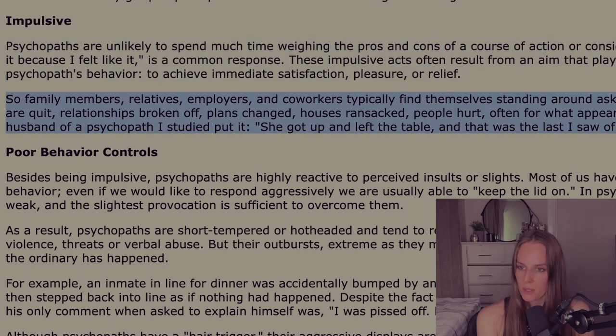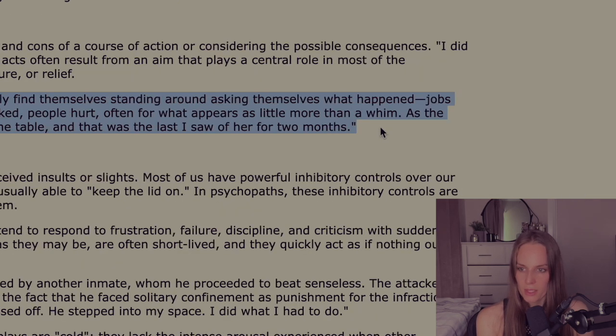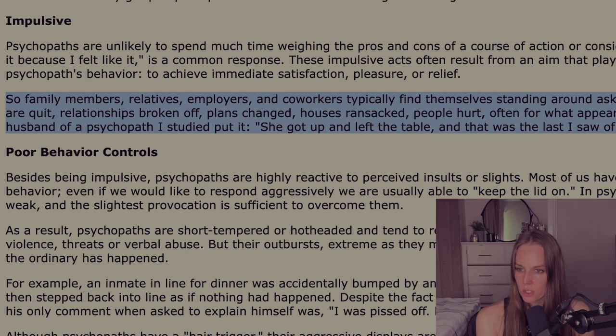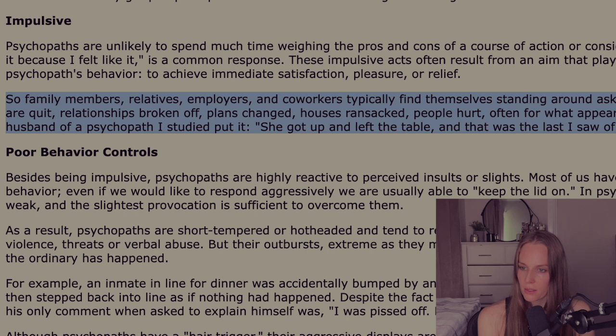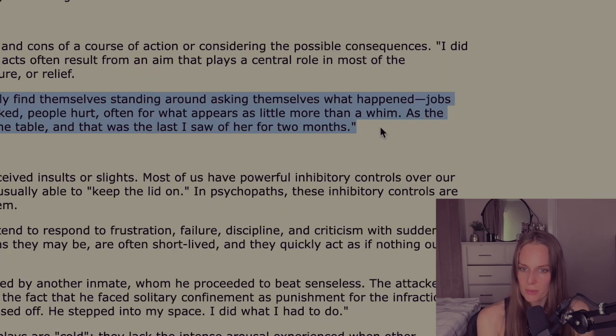So family members, relatives, and employers and co-workers typically find themselves standing around asking themselves what happened. Jobs are quit, relationships broken off, plans changed, houses ransacked, people hurt, often for what appears as little more than a whim. As the husband of a psychopath I studied put it, "She got up and left the table, and that was the last I saw of her for 2 months."